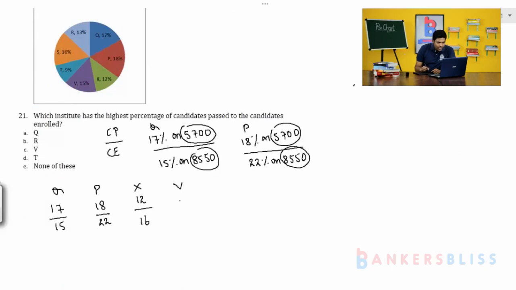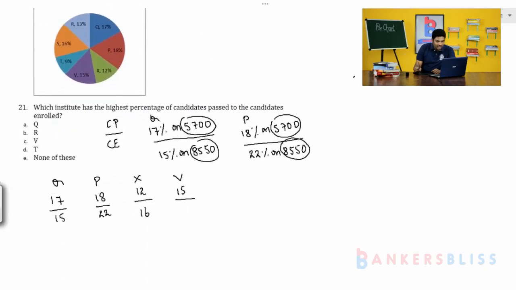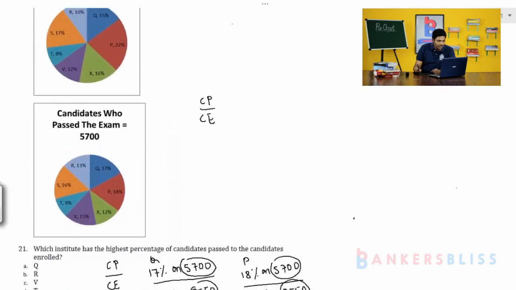Next, for V we can take 15% divided by 12%. Next, for T we can take 9% divided by 8%.